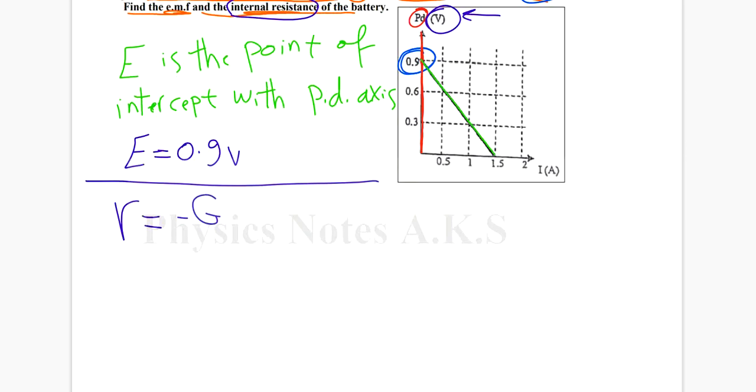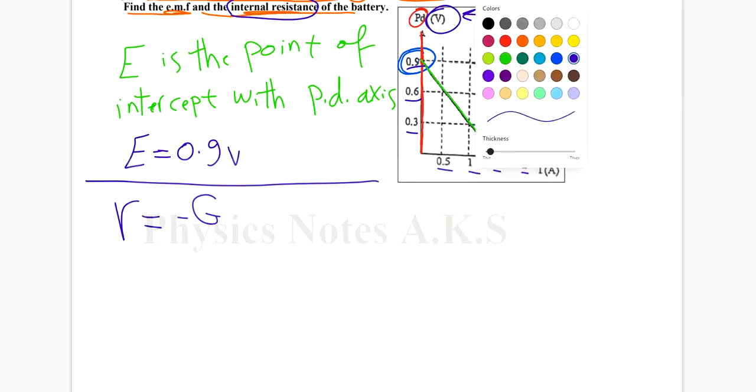Basically it is the gradient because we know that gradient is the y's over the x's, and we see that the y's here are the potential difference and the x's are the current, right? So let's find the gradient. Let me change the color.